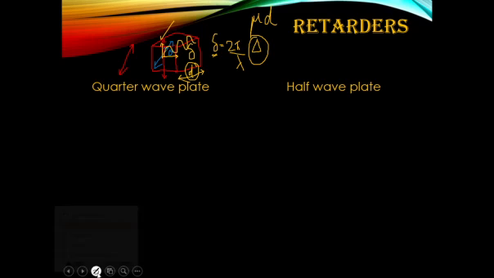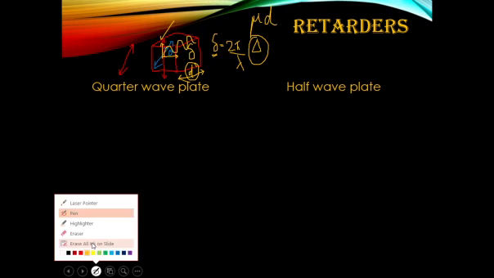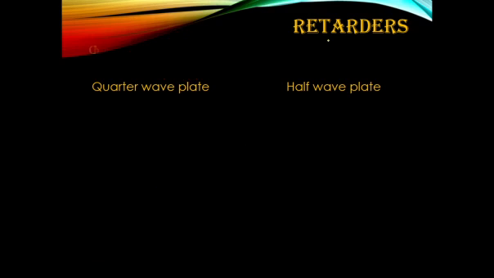Okay, so keeping that in mind, we have two kinds of retarders. What are retarders? Those are the materials which can change the state of polarization of an incident light. So how do you change the state of polarization? Only based on the thickness of the film.